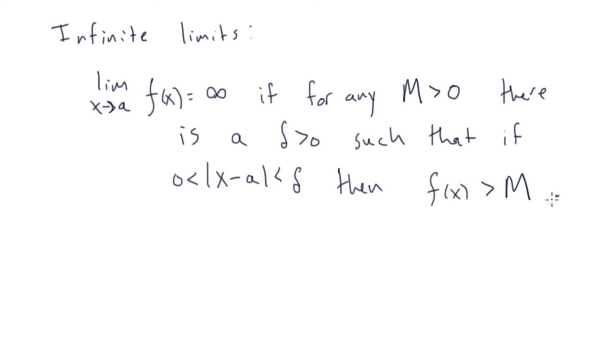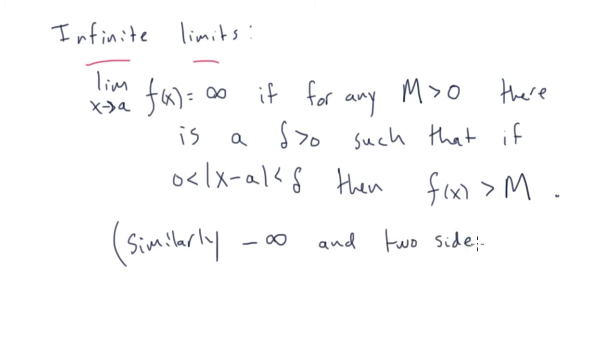So the idea is, it's not so different. To the extent that you understand the original precise definition of the limit, this should follow okay. And then, of course, similarly for minus infinity and two-sided limits. We've already talked about the case for two-sided limits.